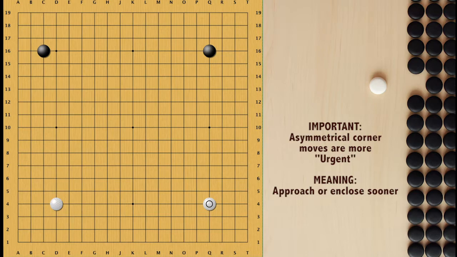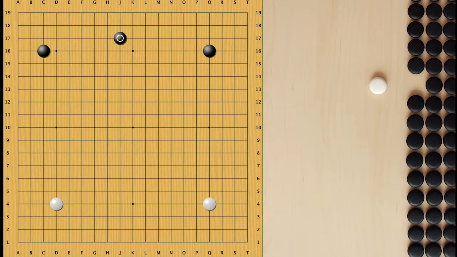So if it's black's turn, black is normally going to enclose. Of course, there are other strategies, such as we call this the Chinese Fuseki, which I'm not going to detail here, but there are other strategies.